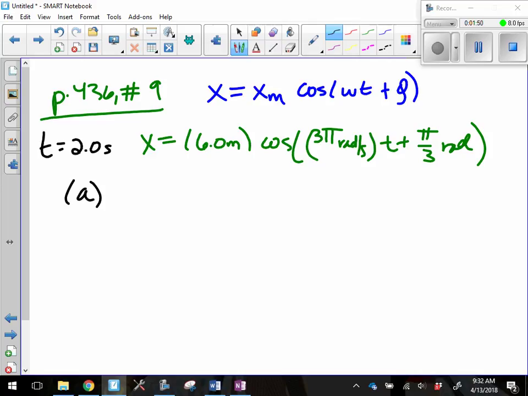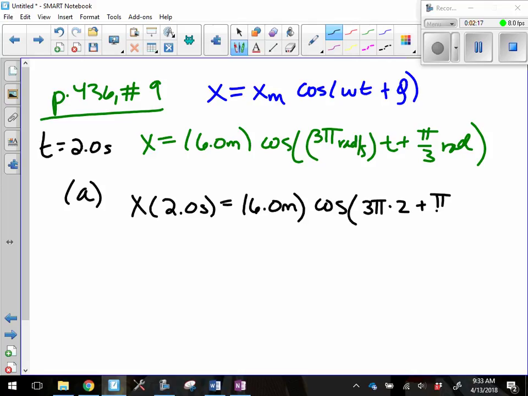And what does part A ask us to find? Okay, so that's really asking me to use my x equation, and we're just going to substitute in. So my 6 meters stays the same. I'm going to have the cosine of 3 pi times 2 plus pi over 3.